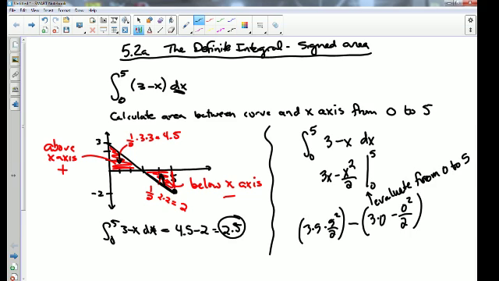So plug the top number in, minus plug the bottom number in, and then simplify. That's 3 times 5 minus 5 squared over 2, and then minus 3 times 0 minus 0 squared over 2.